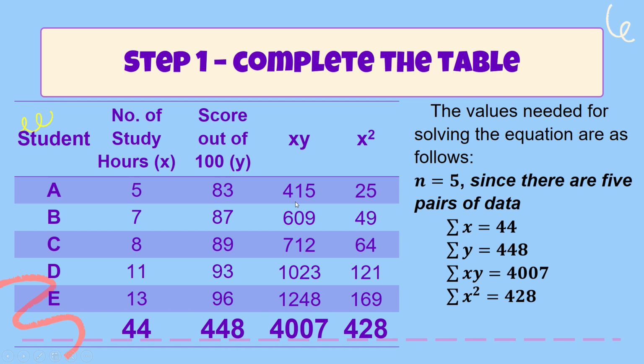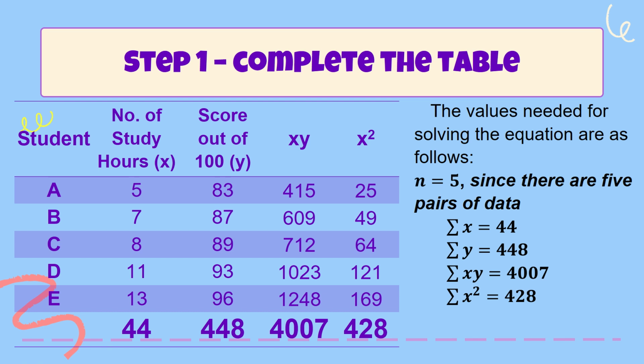Then you multiply: 5 times 83 is 415, and 87 times 7 is 609, and so on. Then you add them all, and you have the summation of xy, 4007. The same goes for x squared: 5 times 5 is 25, and so on, then you add them. So we now have the data that we are going to use for the formula.